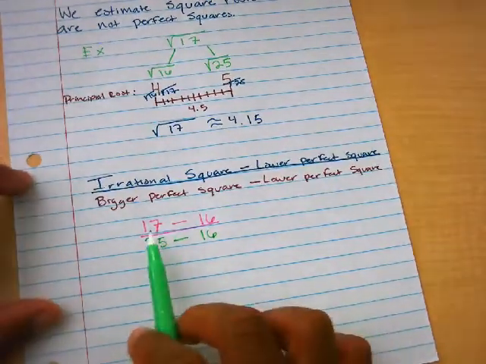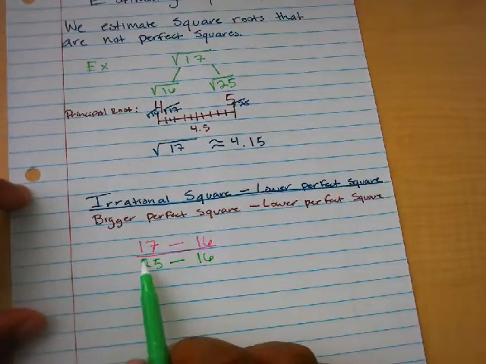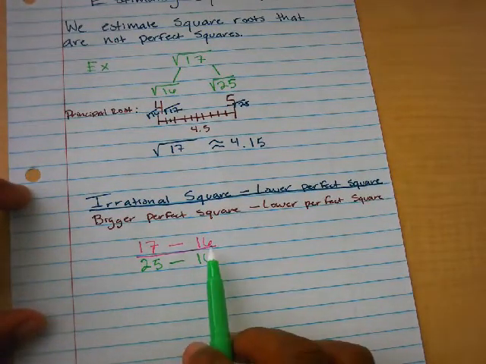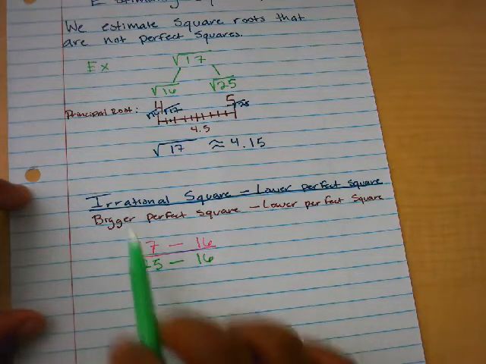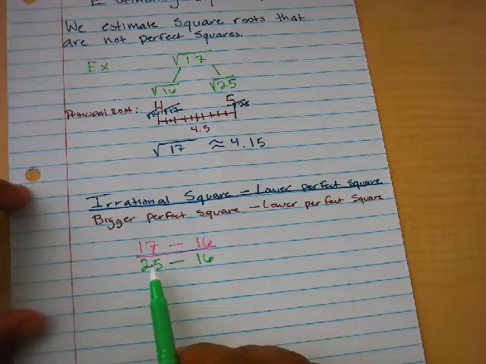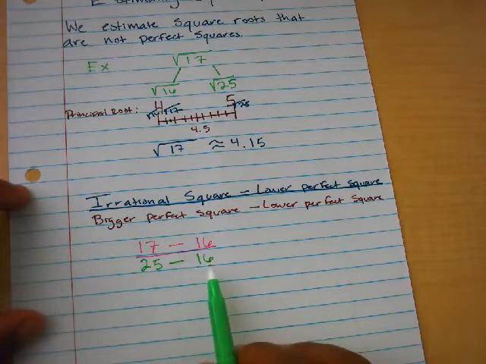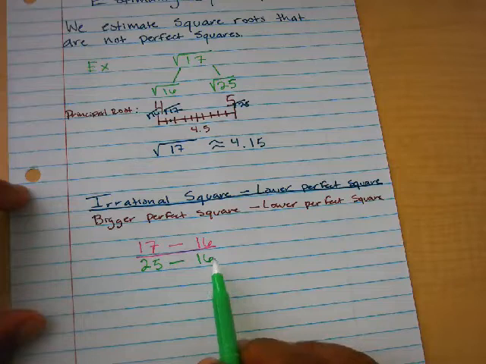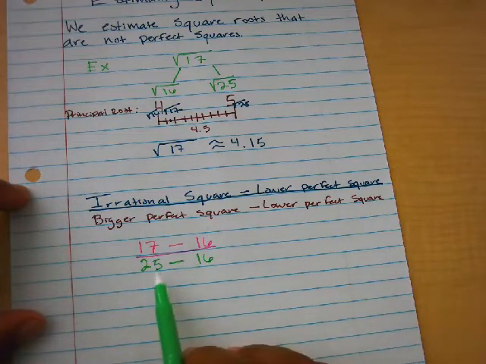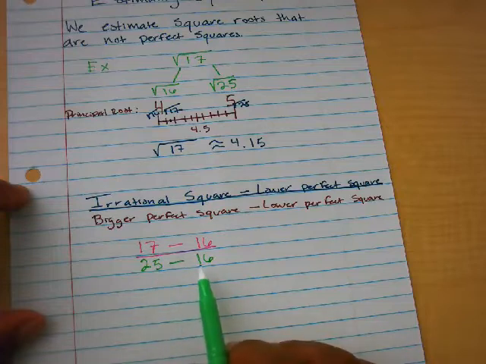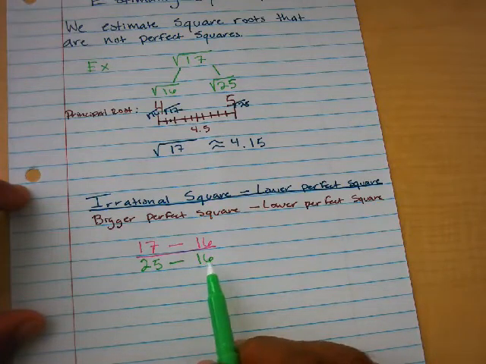So again, the irrational square, which was 17, minus the lower perfect square, which is 16, over the bigger perfect square, which is 25, minus, again, the lower perfect square of 16. The irrational square minus the lower perfect square over the bigger perfect square minus the lower perfect square. And so now we do the math.